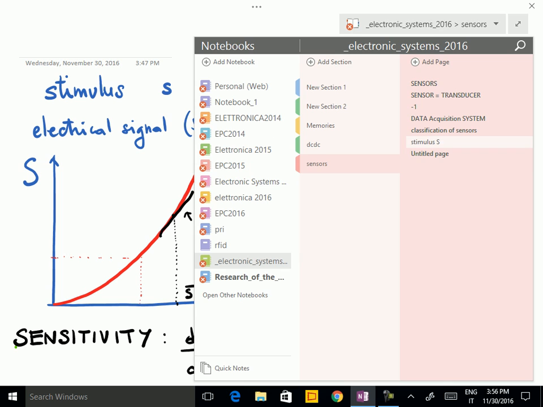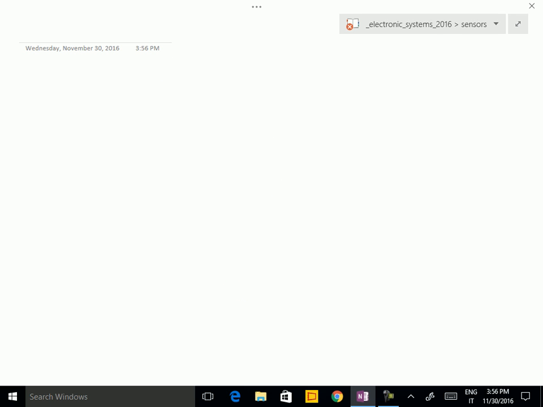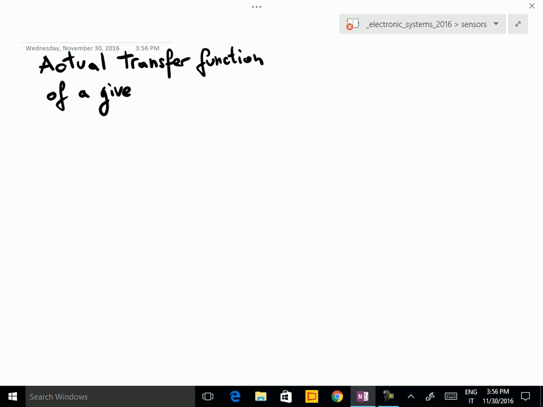Okay, so the actual transfer function of a given sensor is different from the nominal transfer function.